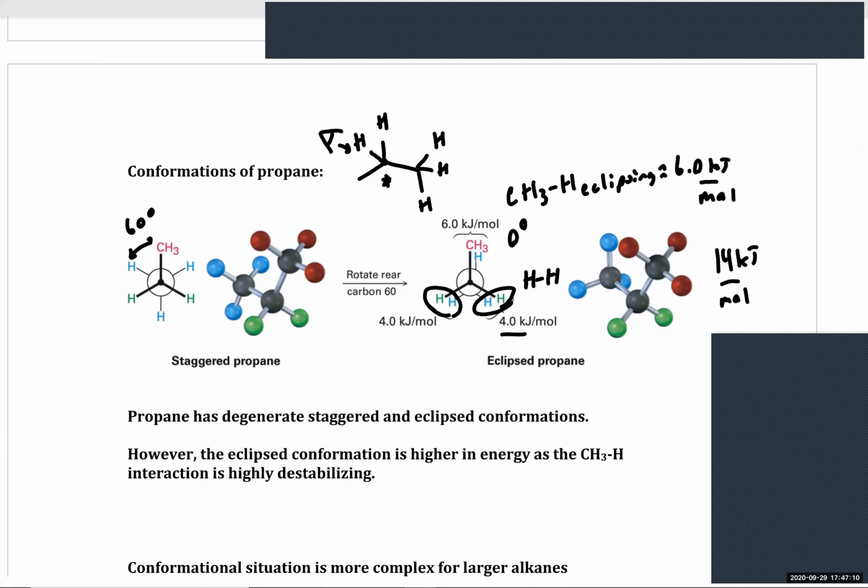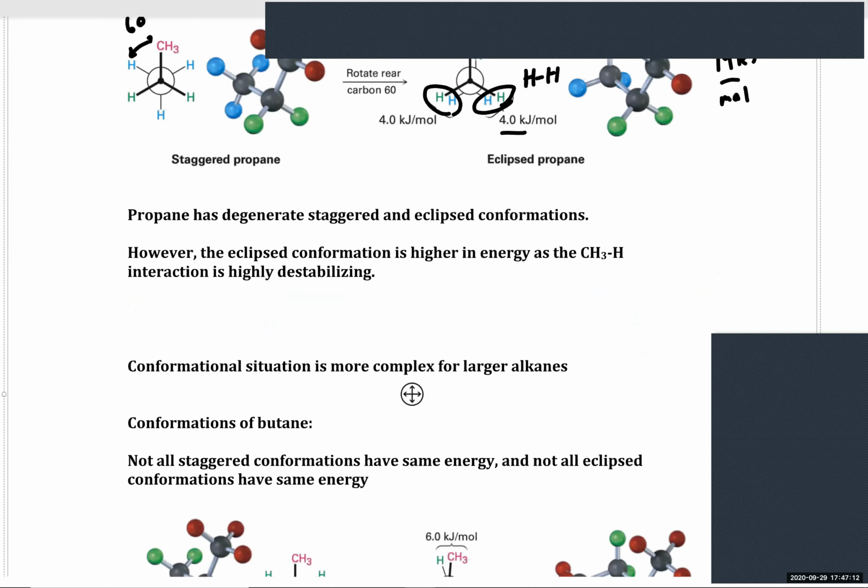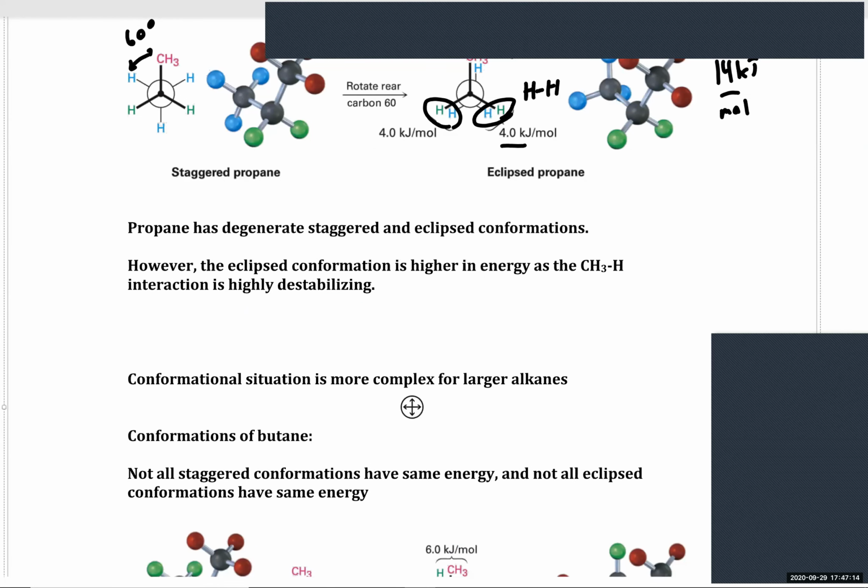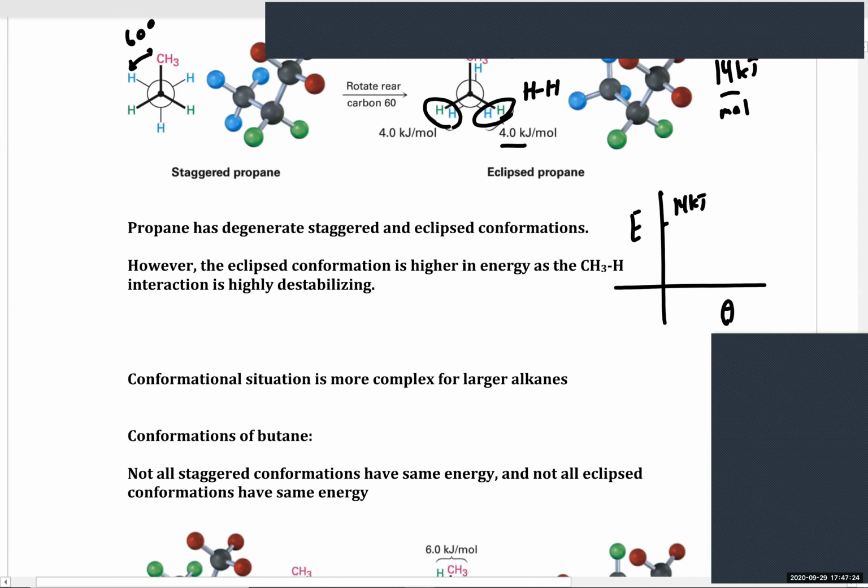So if we made a graph of energy as a function of dihedral angle, we'd start off at 14 kilojoules, then we'd go down and back up to 14. So 0, 60, 120, 180, 240, 300.